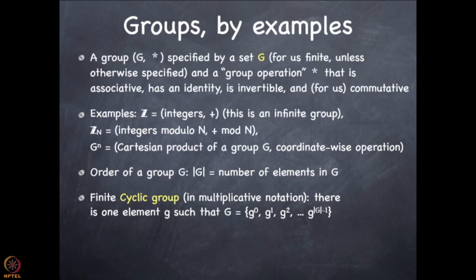So we want all the elements to be generated by this g, by powers of g here. This capital G should be equal to this set. All of these should be distinct. That's what it's saying. If there is a little g of that kind, then we call it a cyclic group.